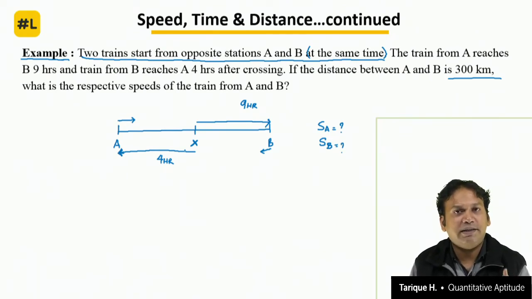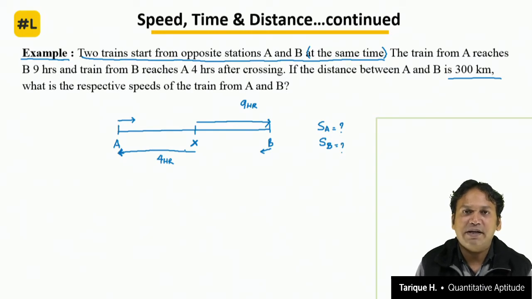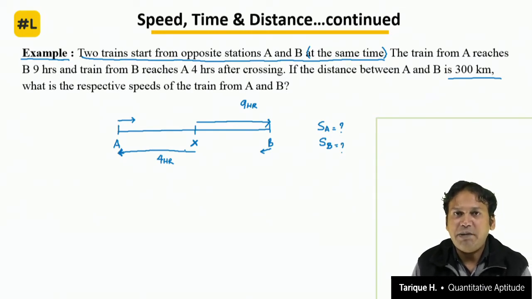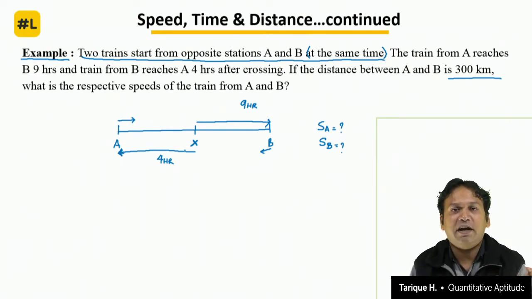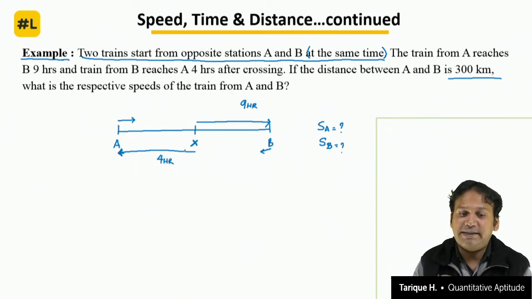Both of you start at the same time, that is 10 o'clock, and meet at 10:30. So how much time have you taken? 30 minutes. How much time has your friend taken? 30 minutes. Time taken by both is same, but have both covered the same distance? No, right? You were traveling in a car, so distance covered by you would be more as compared to your friend who is walking the entire time. Okay, so distance can be different, but time is same.